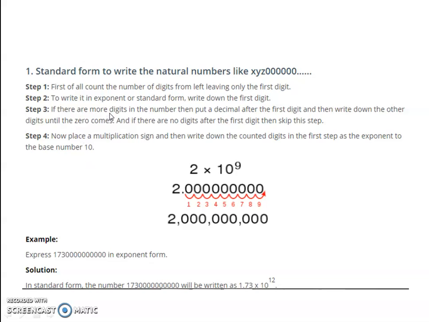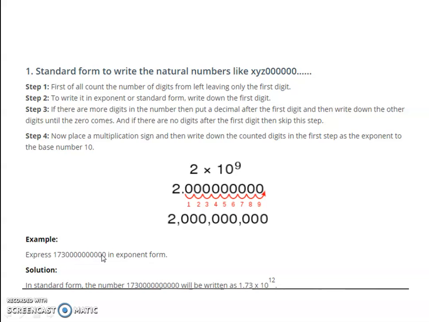Here, after the first digit, that is after 1, you have to put a decimal point, and then write down the other digits until the 0 comes. The other two digits are 73, so 1.73.